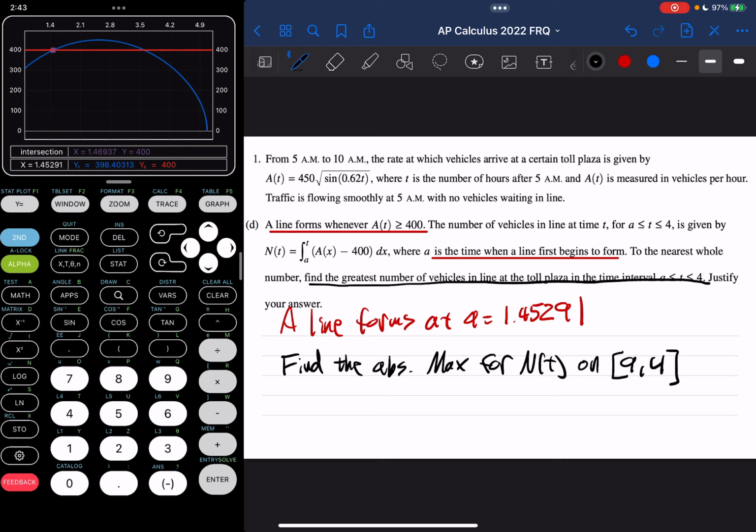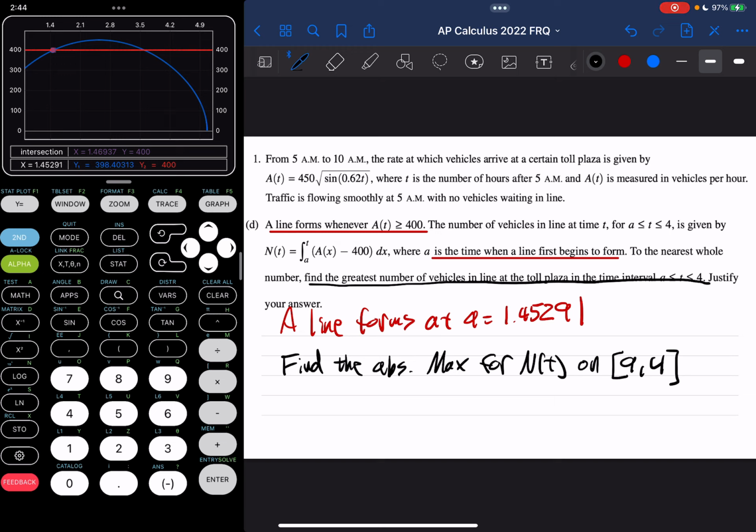All right. So since we have an absolute maximum, what we have to do is calculate the value at these 2 points, but we also have to find any critical points for N of t.